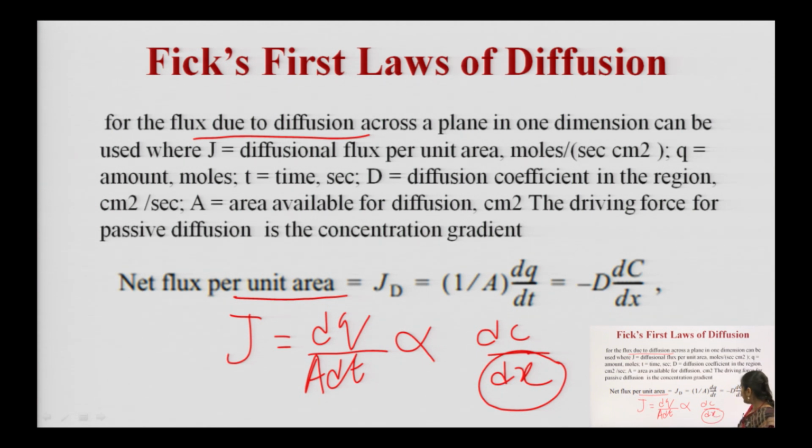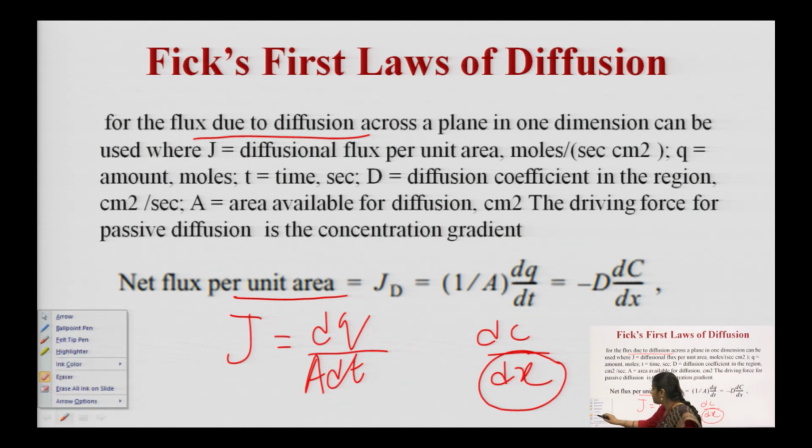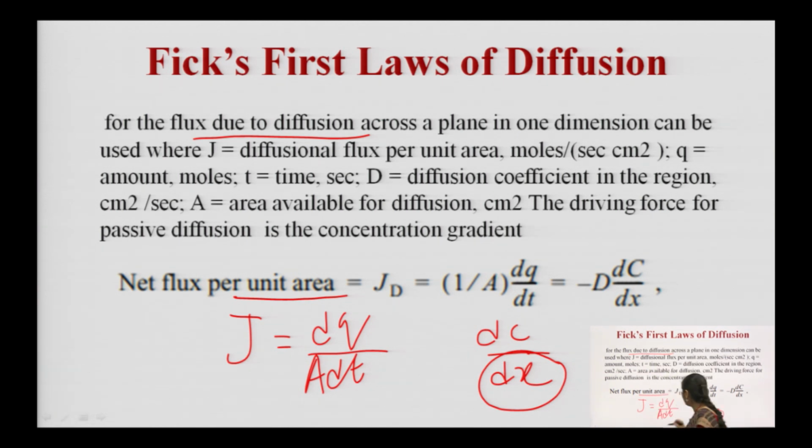So, if we want to equate it, then we can write J equal to minus D dC by dx. Why this minus? Because it is moving from high concentration to low concentration.